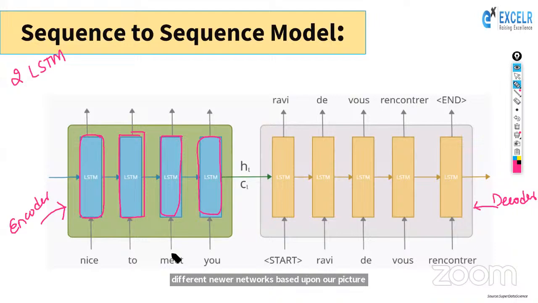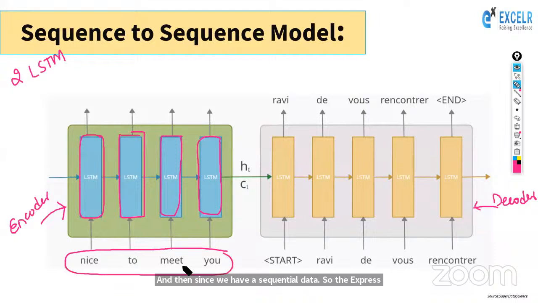Since we have sequential data, let's suppose we have sequential data like this: Nice to meet you. Based upon this input data, the decoder will generate the output. So we provide this sequential text data at each and every time instance to these models.